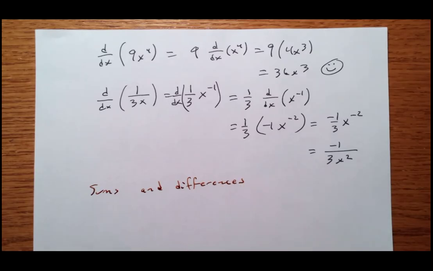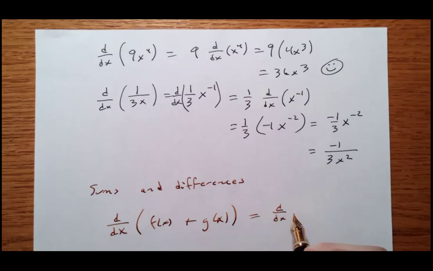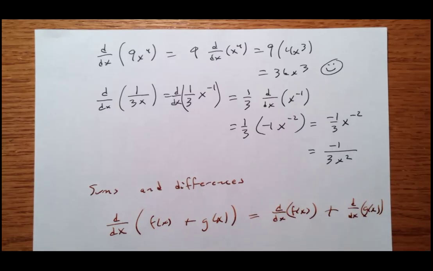The limit of a sum. How do I do the limit of two things? I do the limit of the first one, I do the limit of the second one, and then I add them. So if I asked you for the derivative of two things added together, the answer would be to do the first one and do the second one and add them together.